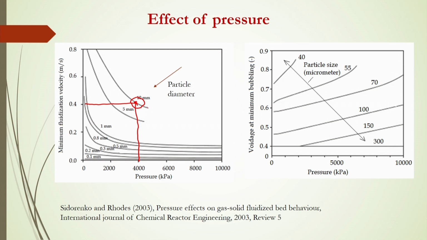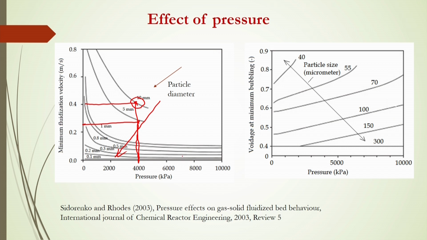Even if you change this particle size to 5 millimeter, you will see for the same pressure drop you will get a lower value of minimum fluidization velocity. If you keep on decreasing the particle size for the same pressure drop and do the fluidization operation, you will see the minimum fluidization velocity will decrease.